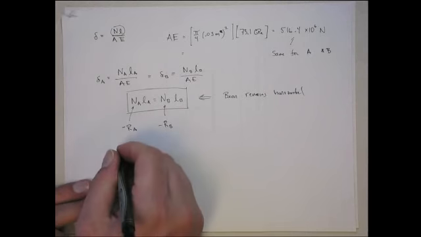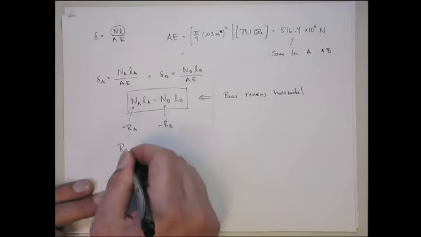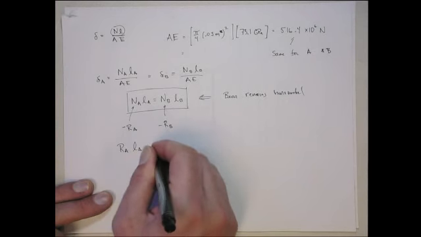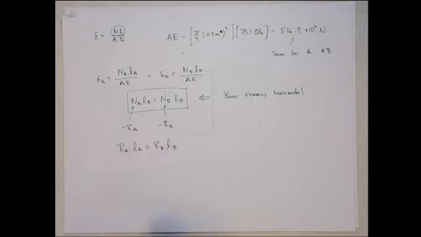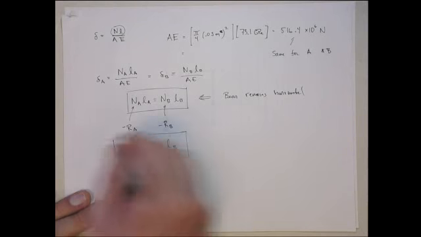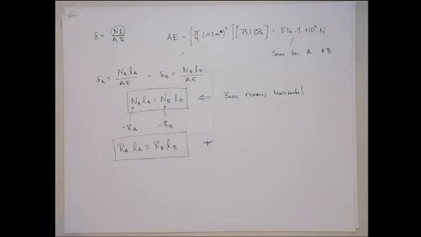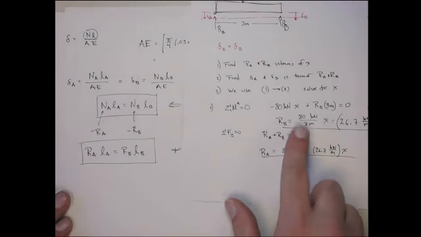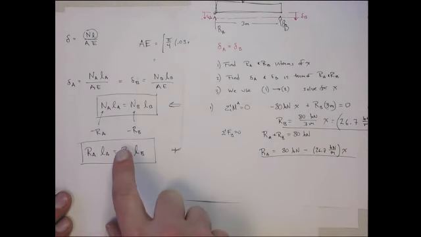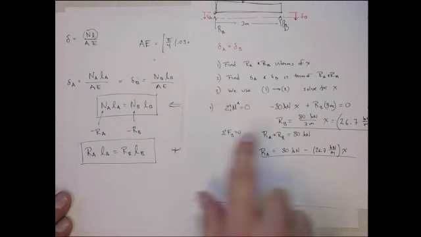So this gives me a better relationship: RA times the length of A equals RB times the original length of B. This is going to be the result from step 2. So we can use these relationships and then have everything in terms of x.